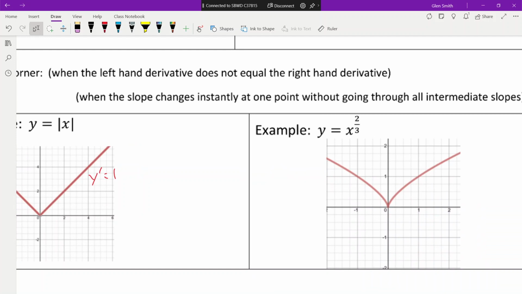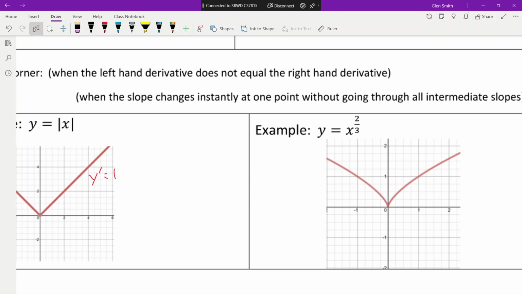The same thing is happening in that other one there. That's x to the 2/3. So essentially, we would like you to be able to look at a graph and tell me where it's not differentiable. You're going to look for corners, and you're going to look for discontinuities. And one other thing, which I'll show you in 1 second. Okay?